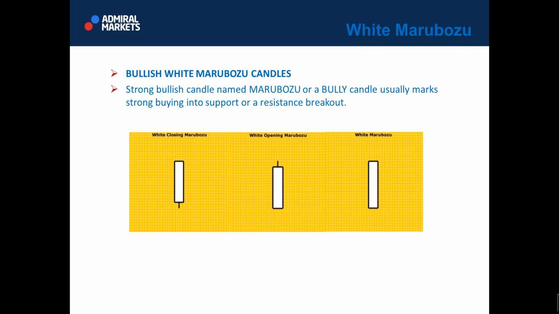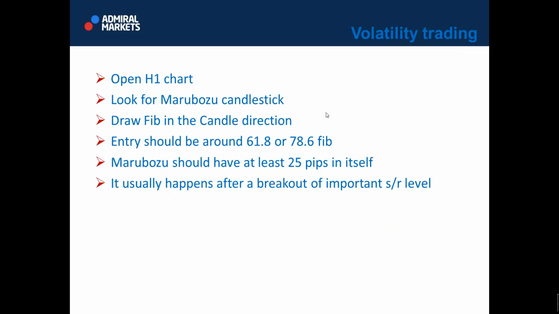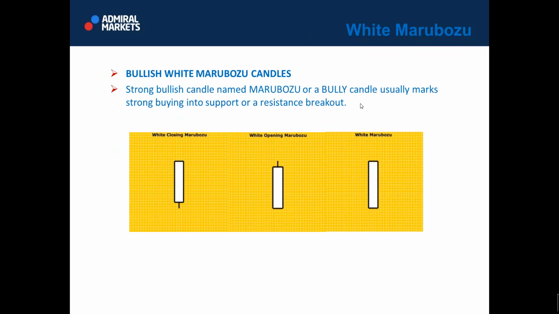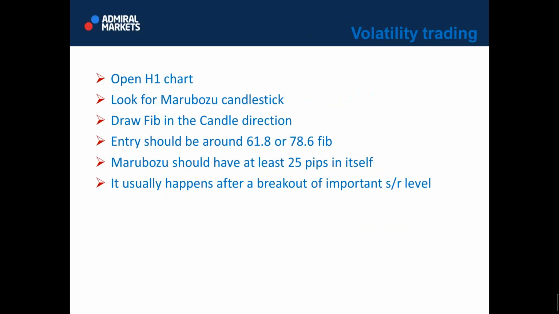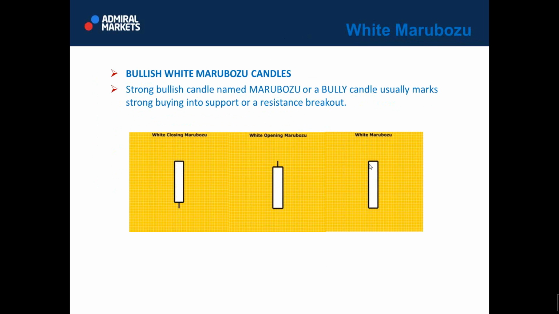So these are white Marubozu candles. Bullish candles usually mark strong buying into a support or resistance breakout. On high volatility trading, we want to see a Marubozu candlestick which is at least 25 pips from high to low, and it needs to be a Marubozu candle.